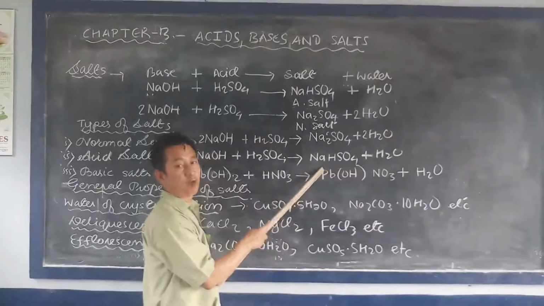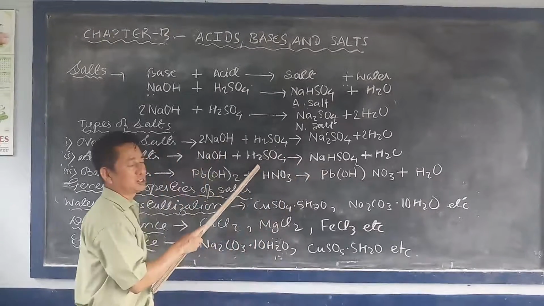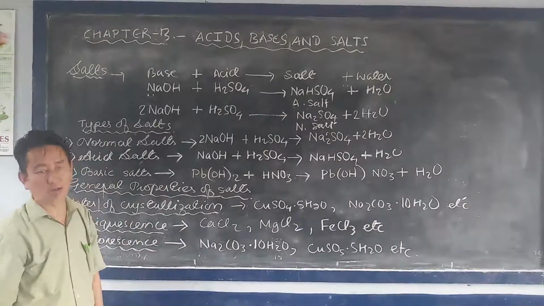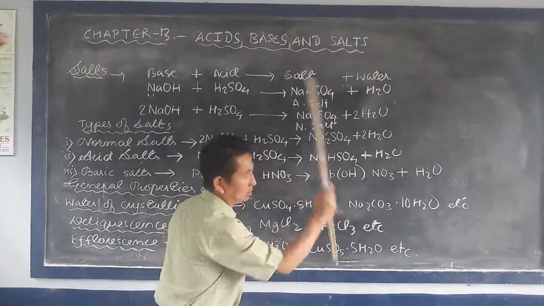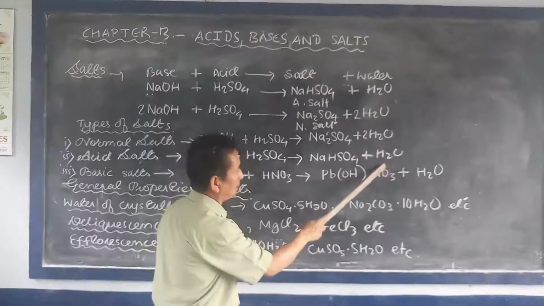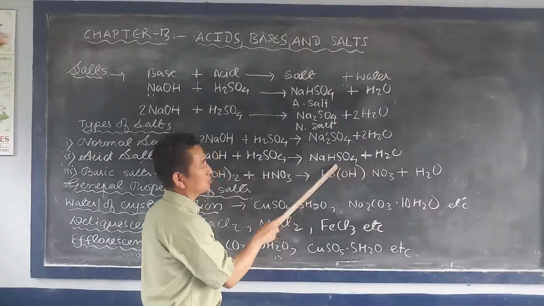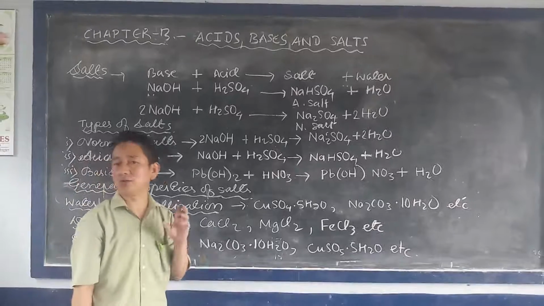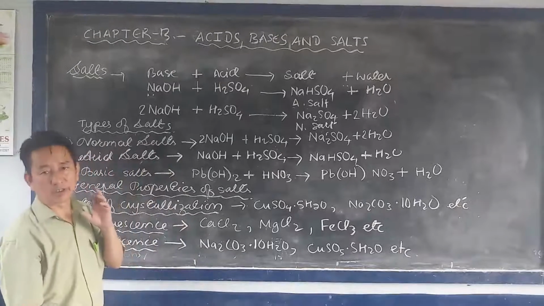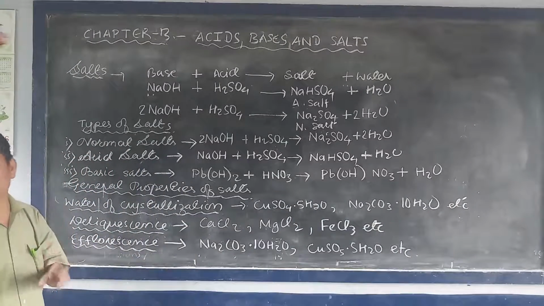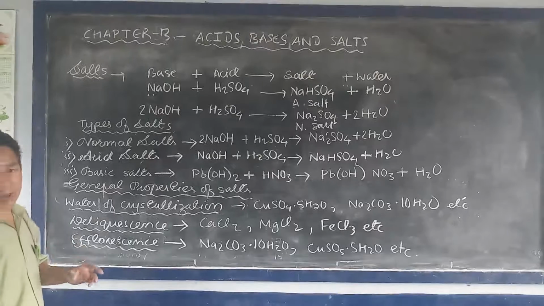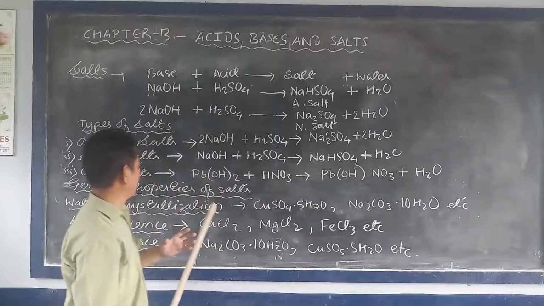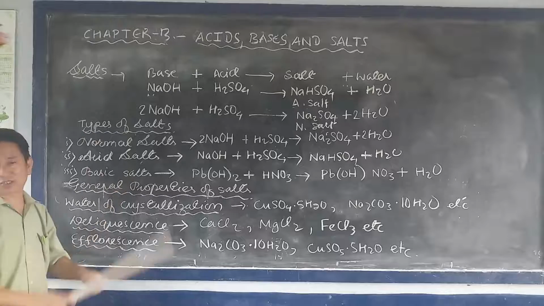This salt is formed by partial neutralization of sulfuric acid by sodium hydroxide, and another product is water molecule. Acidic salts are those salts which contain hydrogen atom in their molecule and still have the properties of the acid.